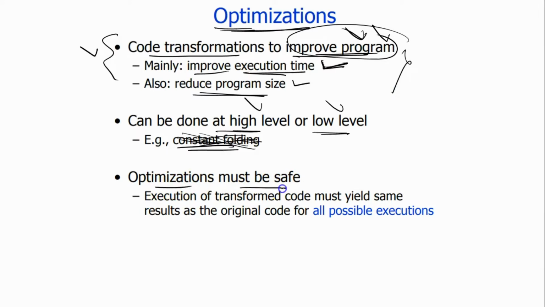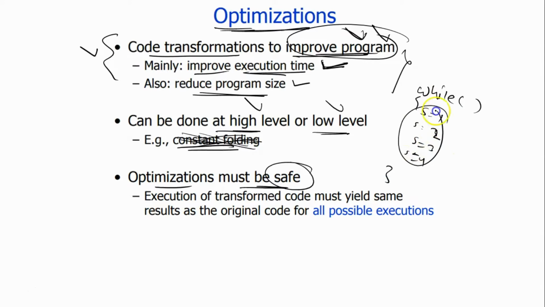Now optimization must be safe. What is the meaning of safe? Let's assume that you have this while loop, and in this while loop you have these useless statements, s equal to 2, s equal to 3, s equal to 4. You can replace all these 4 statements with s equal to 4, no problem, because this will be safe.